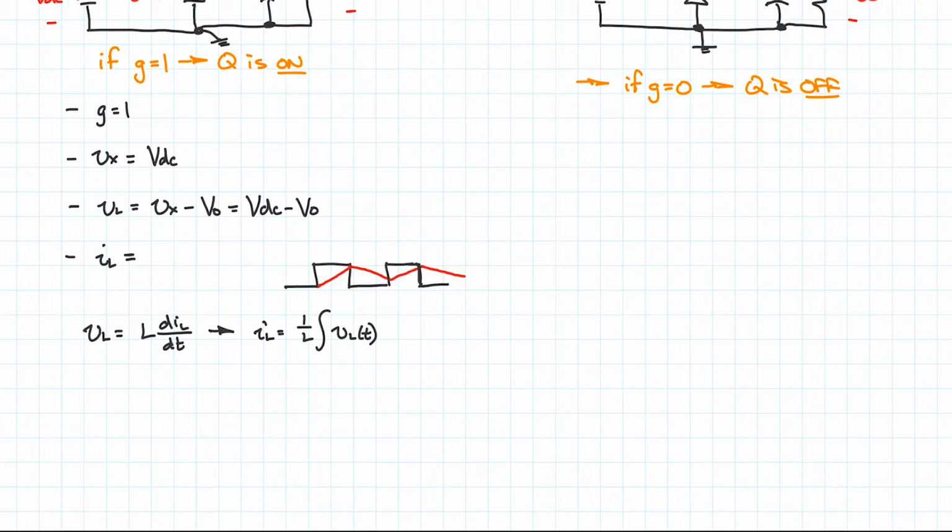Now, what's the slope of this? You can prove this. Let's take the rise. The slope will be VL over L. And VL in this case is VDC minus VO, so the slope is capital VDC minus VO divided by L. But this is a time-varying function because it'll increase, and it's only true like that up to this point.